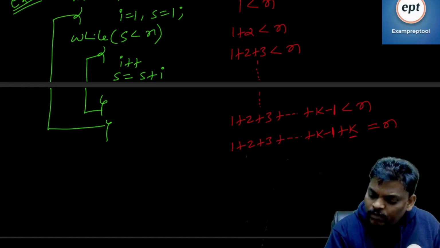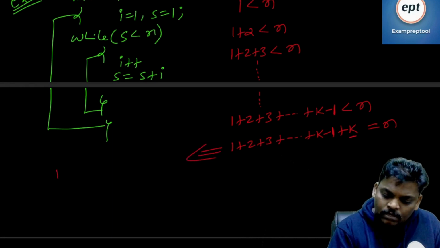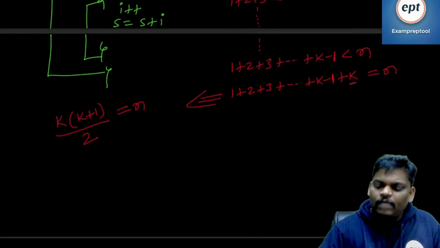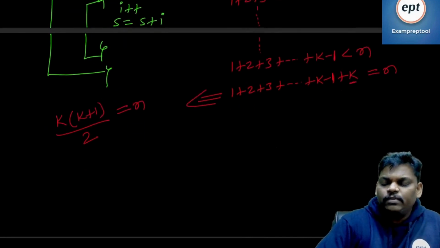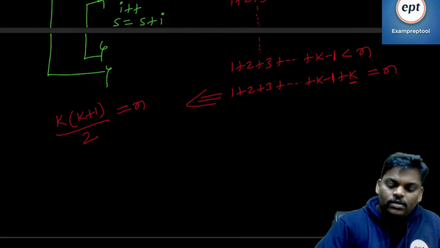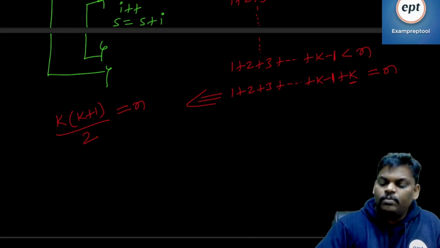I think everyone knows this can be written as the sum of k natural numbers. What is the answer? k into k plus 1 by 2 is equal to n. For some k value both are equal. The left side is the sum of k natural numbers. Sum of n natural numbers is n into n plus 1 by 2, so sum of k natural numbers is k into k plus 1 by 2.